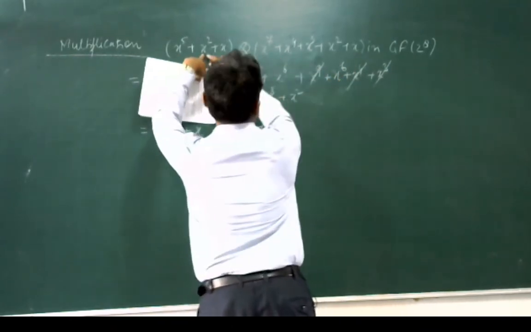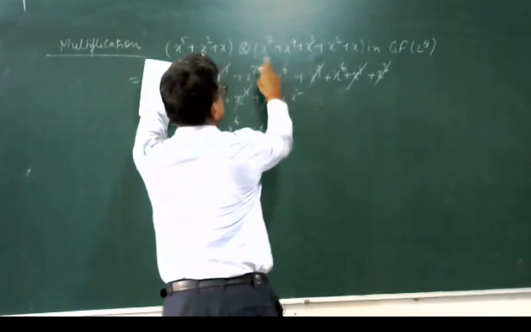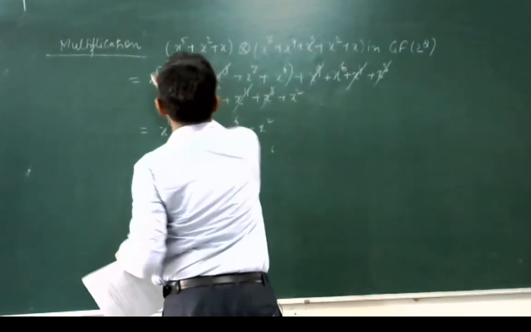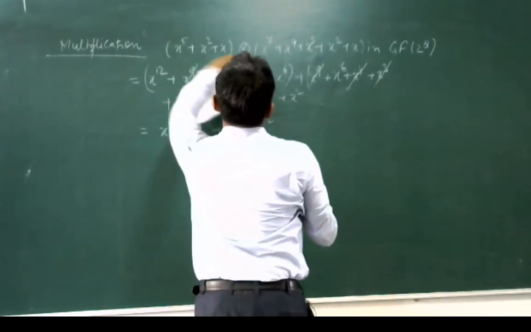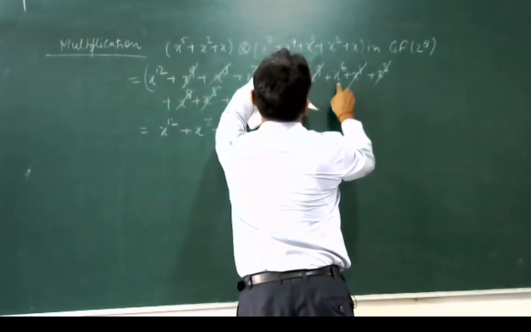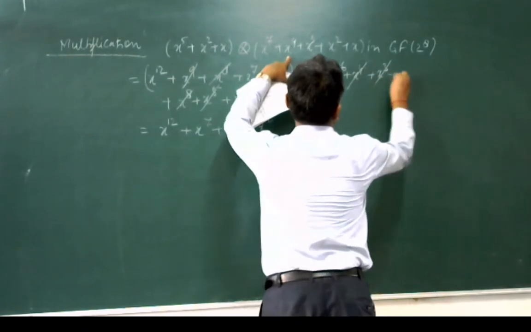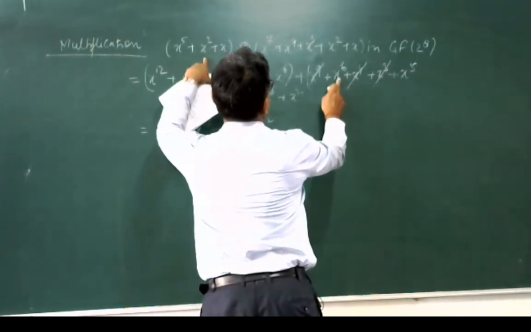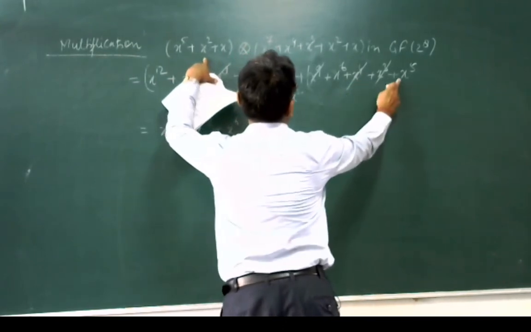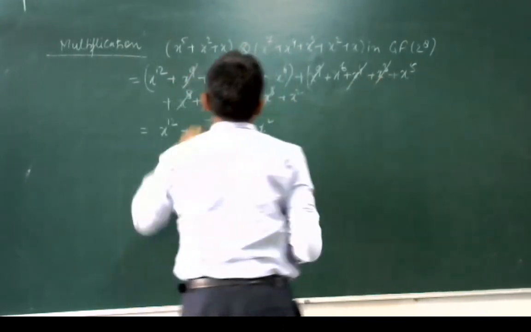X square multiplied by x7 is x9. That is one done. X square multiplied by x to the power 9, after 9 comes 6, and after 6 there will also be x to the power 5. So x6, x4, x5, x4 and x3.